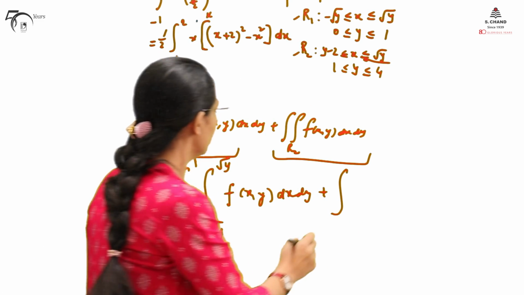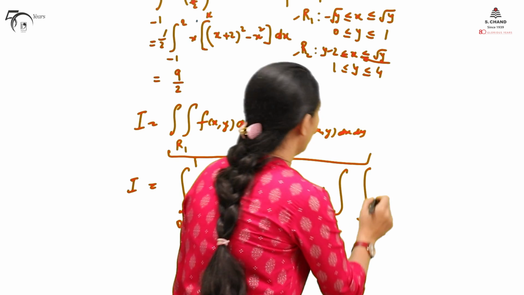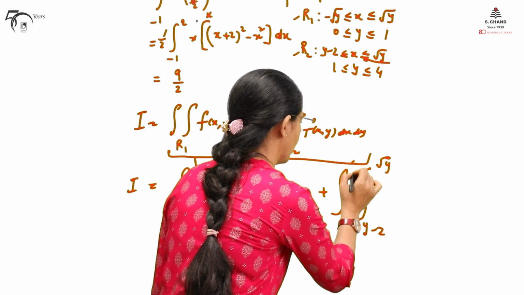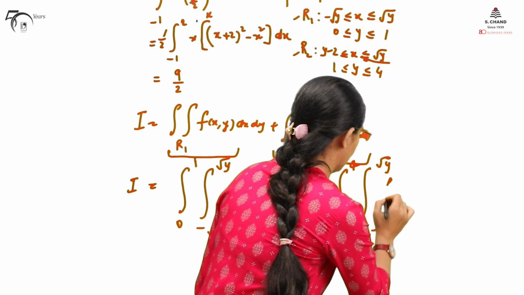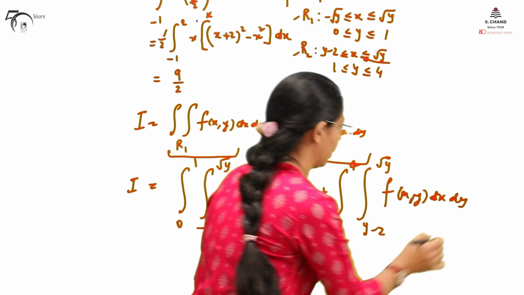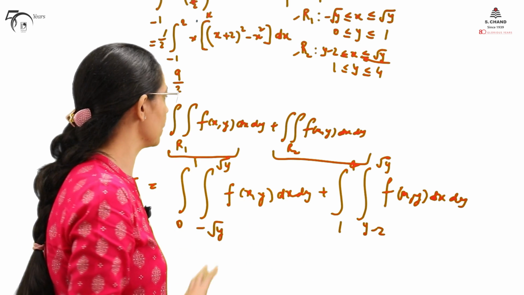Then for R2, the limits for x have been written as y minus 2 to under root y, and y is taken from 1 to 4, for the function f(x,y) dx dy. So in this one we are integrating with respect to x first and then with respect to y.